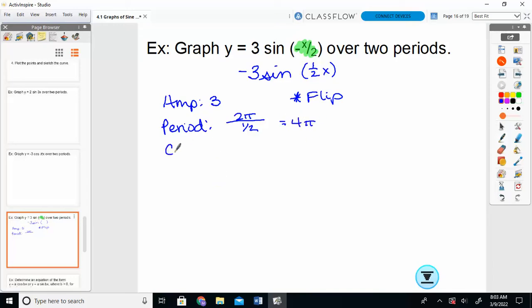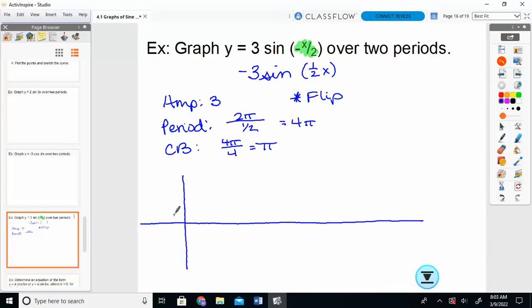Then how do we get the count by? Period divided by 4 for the 4 quadrants, and we just get pi. The amplitude is 3.